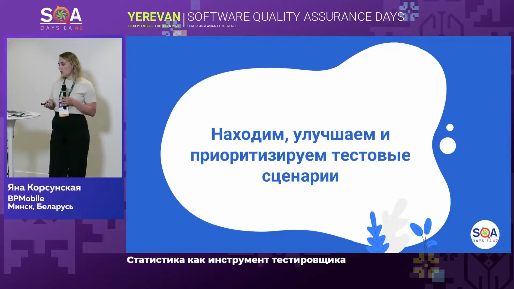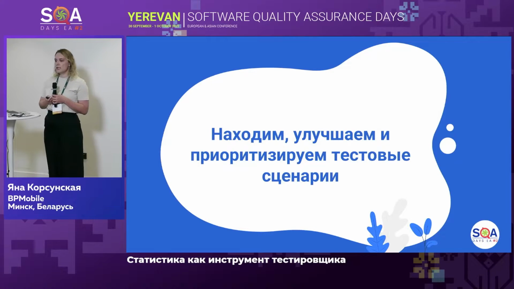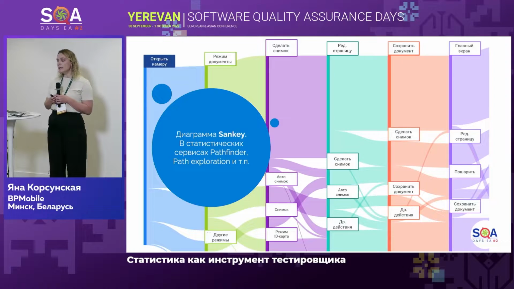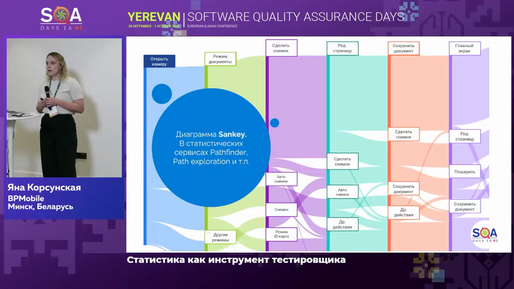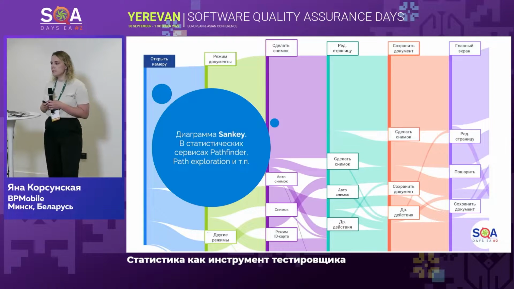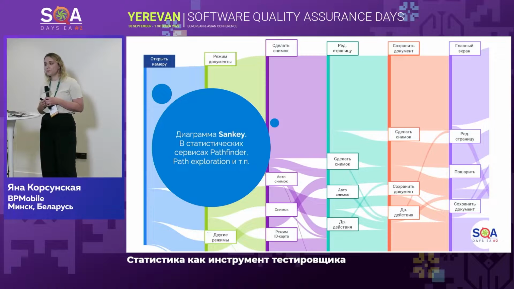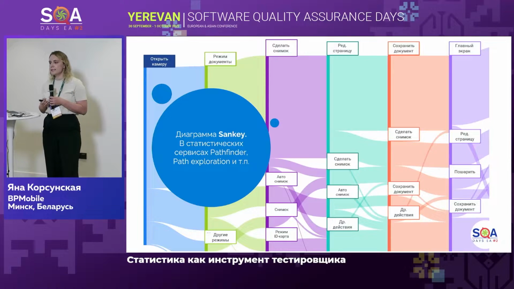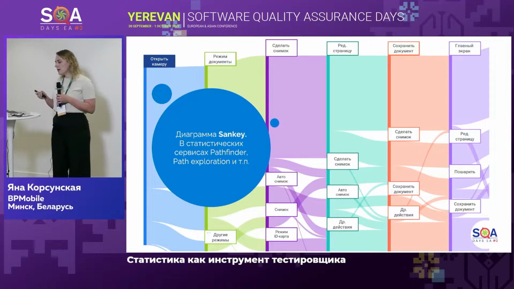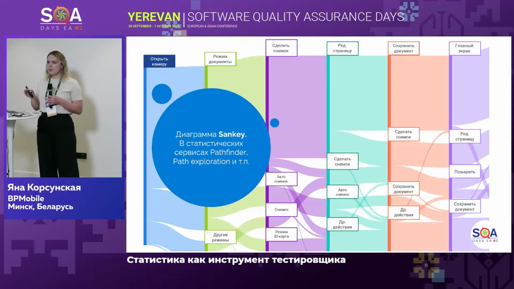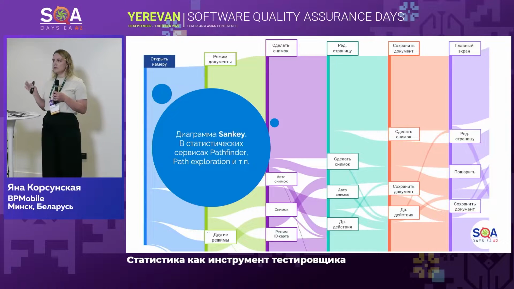The next direction: we find, improve, and prioritize our testing scenarios. I would say we can better understand testing using the Sankey diagram. Depending on the statistics service your project team uses, it can be called a pathfinder or path exploration or path align, and so on and so forth.